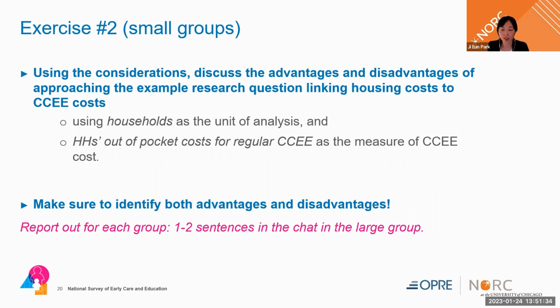So as a reminder, in this example, we are going to think about household as a unit of analysis, and we are going to use the household out-of-pocket cost of regular CCEE as a measure of CCEE costs. So the household out-of-pocket cost is a continuous measure that's included in NSECE household survey that sums up all child-level arrangement costs of all children under the age of 13 to the household level and produces a weekly cost of the household that they pay out of pocket.